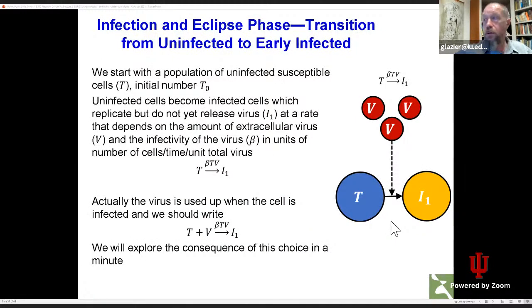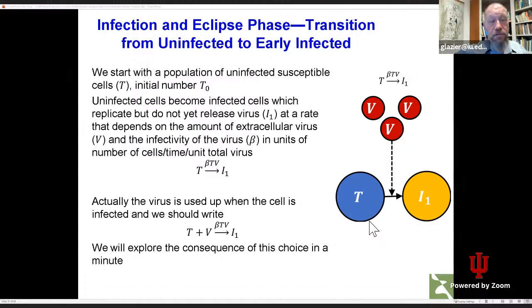For the moment, we're going to neglect a lot of that complexity, but there are pieces of it that we have to model. And the first thing that we have to do is we're going to have a population. This is our SI part of our population model. We're going to have a population of uninfected cells. Imagine the cells in the lining of the throat or the nose or the lungs.